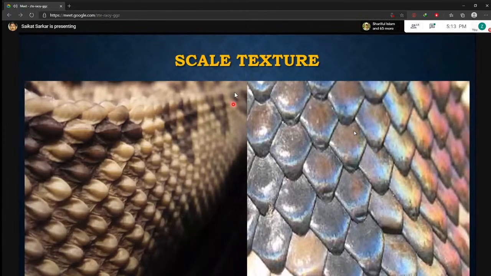So coming to the texture, at least you can find two types of texture. Either they will be ridged like this, or they will be smooth scales. Now they say that if the scale is smooth, it is likely to be a non-venomous snake, and if the scales are ridged, it is likely to be a venomous snake, which is not true. Absolutely not true.